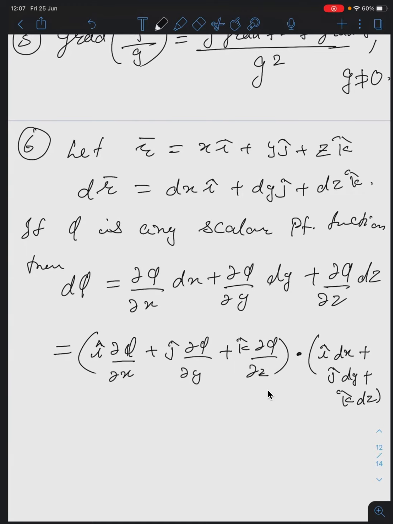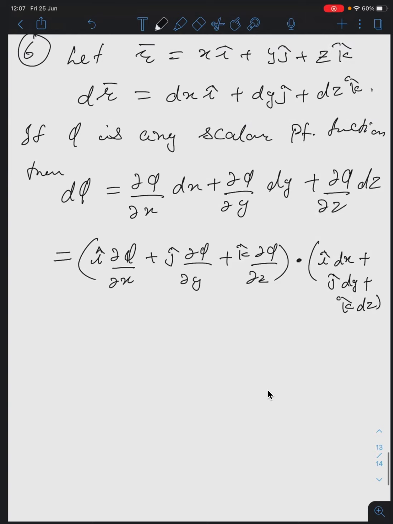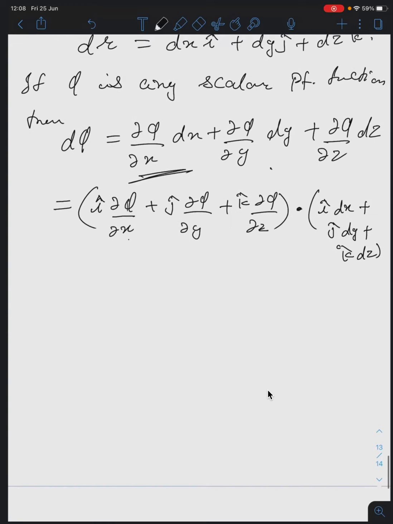Because if I take the dot product, as you know, for i dot i only I am going to get the value, for j dot j only I am going to get the component, for k dot k only I am going to get the component. Remaining all will be 0. So i dot i is 1, dou phi by dou x dx. Got the first term. Similarly, j dot j will be 1, dou phi by dou y dy. So this is how I have written d phi as the product of two vectors.